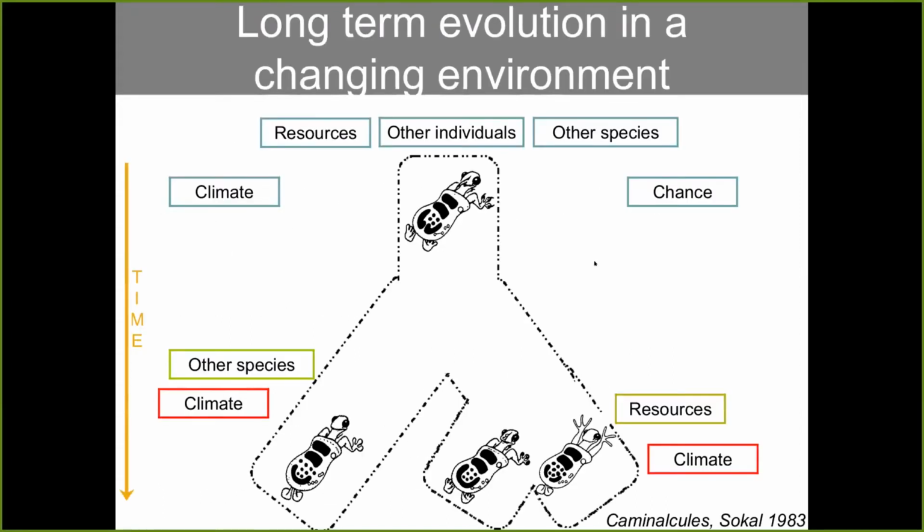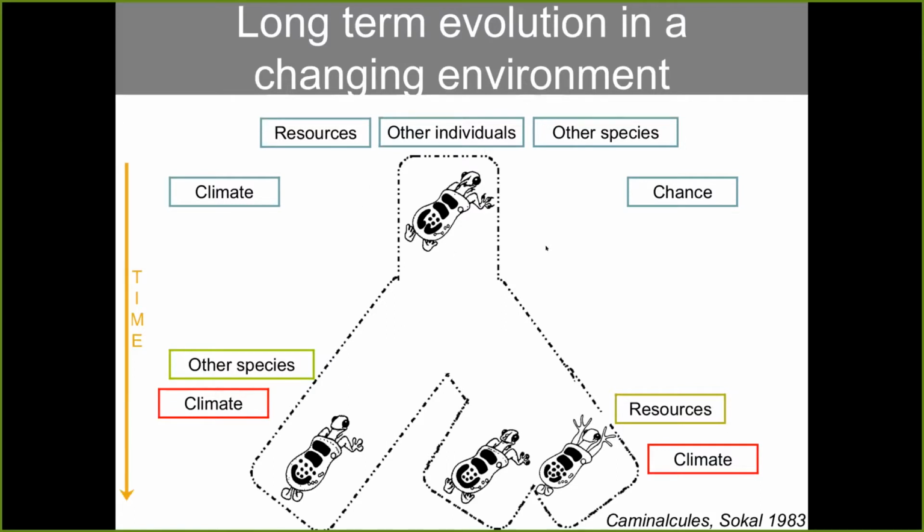So here, I would like to start with this simple schematic of evolution in action. We have different species at the tips of the tree, and they evolved through time from an ancestral species with a process of speciation.